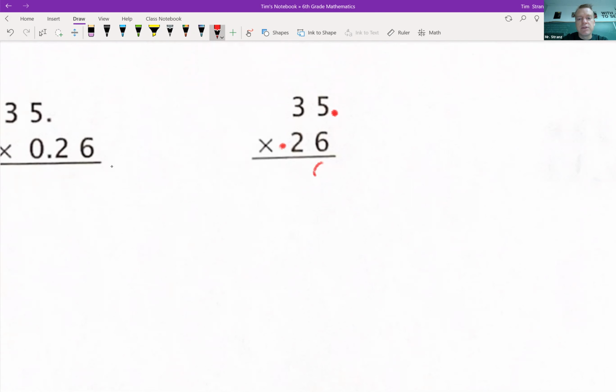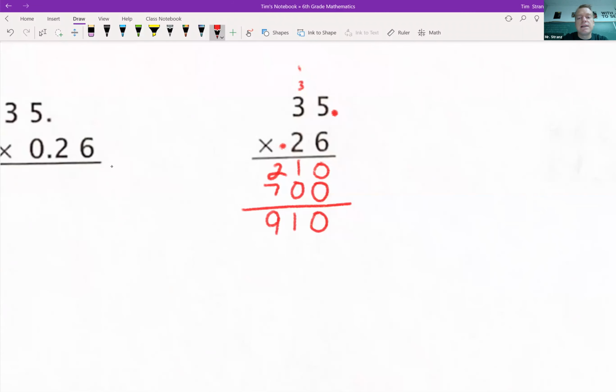Carry my 3. 6 times 3 is 18 plus 3 is 21. Going to put my placeholder. 2 times 5 is 10. 2 times 3 is 6 plus 1 is 7. I'm going to add these together.